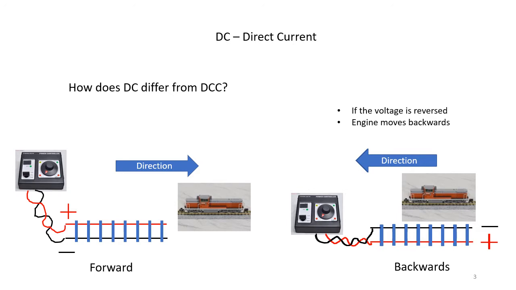So negative goes to the top rail and positive goes to the bottom rail, and in this situation, the engine changes direction and starts moving backwards. So it's a very simple and very effective way of controlling a single engine on a track. So DC is very good for that.